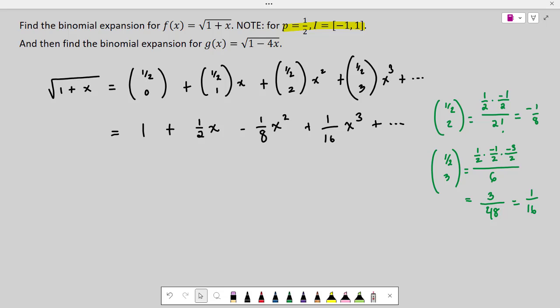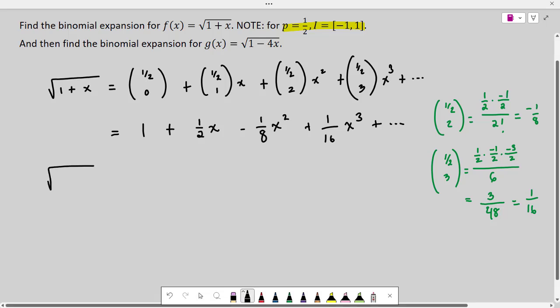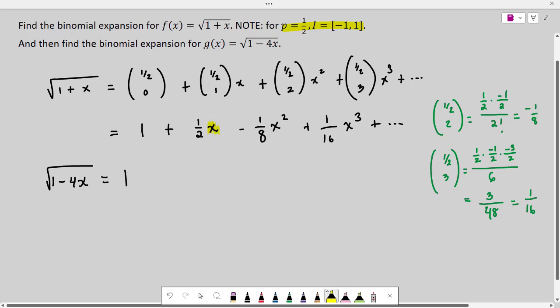Now we want to replace x with negative 4x. So anywhere that we see an x, all these x's get replaced with negative 4x. Negative 4x here, so that's going to be negative 2x. Negative 4x here, the square is going to wipe out the negative from the negative 4x, so it's going to be 16x squared, so it's going to be 2x squared.